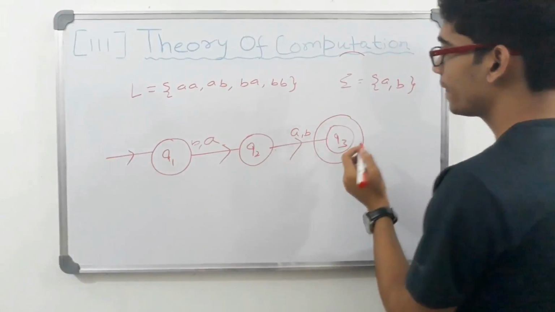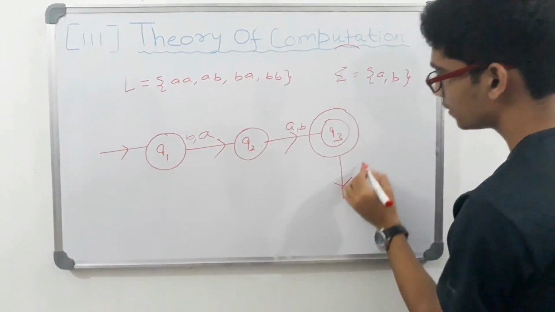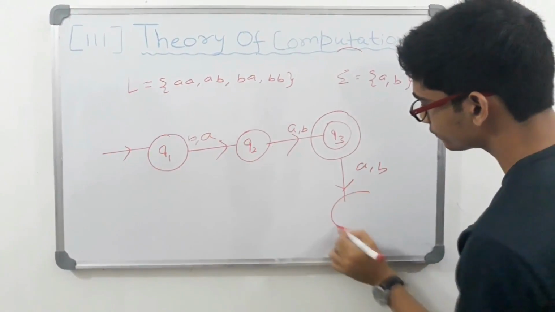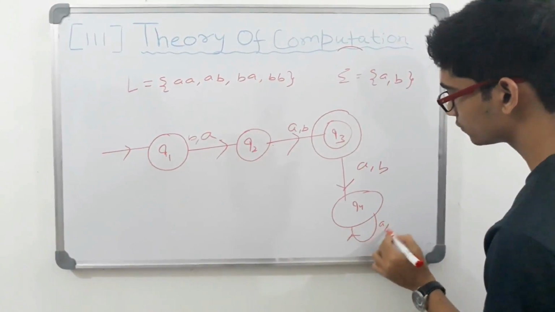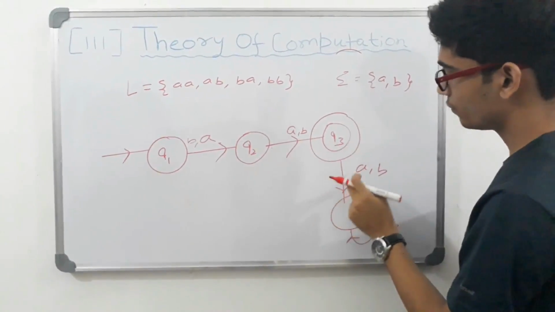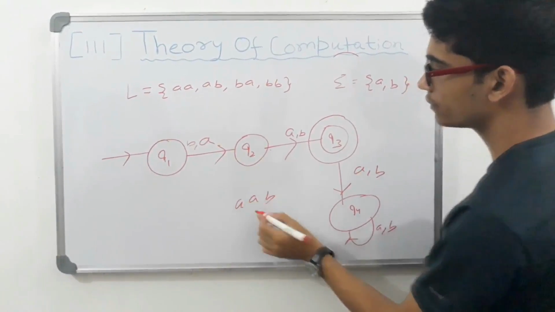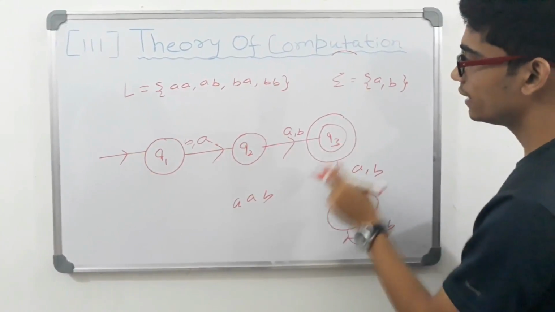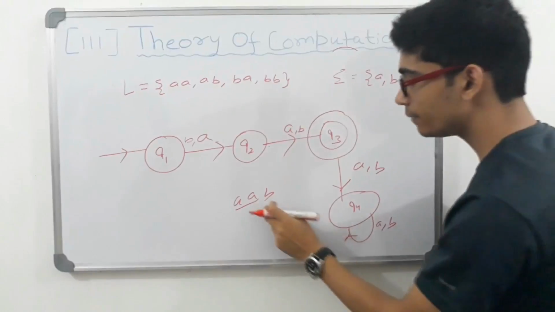Now what if, at Q3, we get some more elements? Suppose we scanned A, B. Then what should the state be? Up to this point we are here, and what if we get a B?